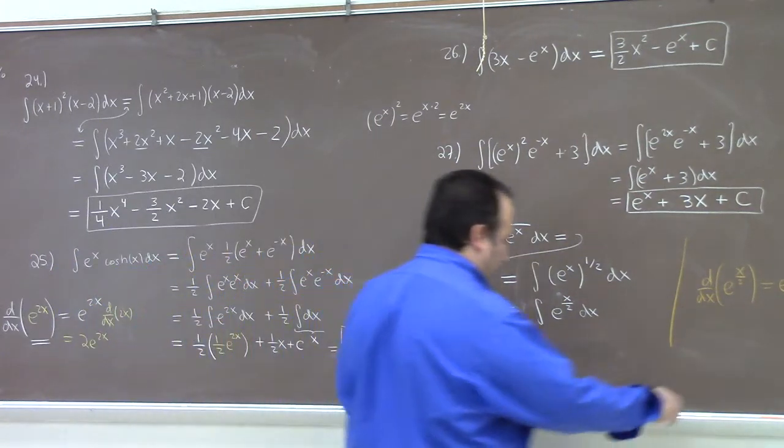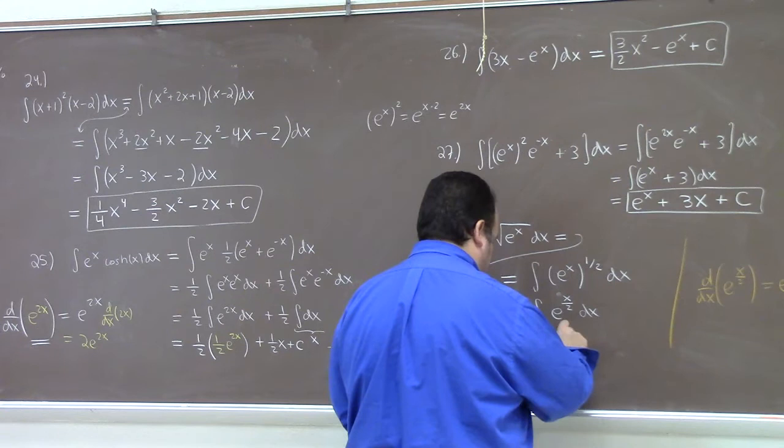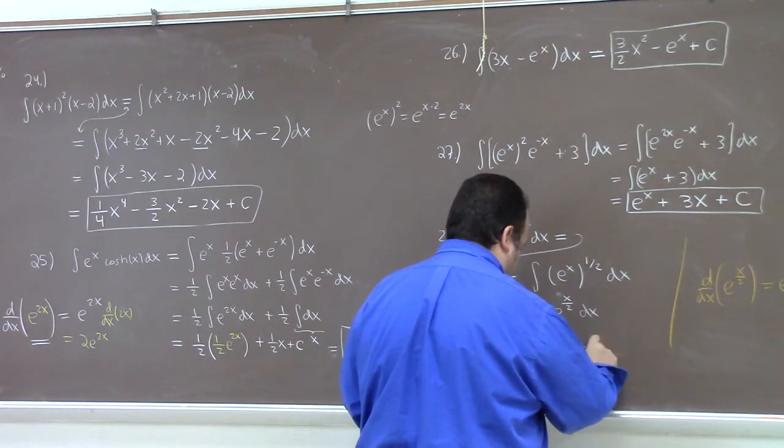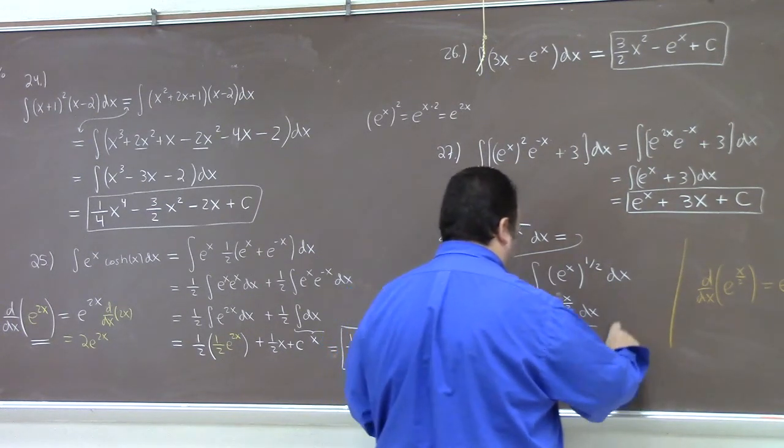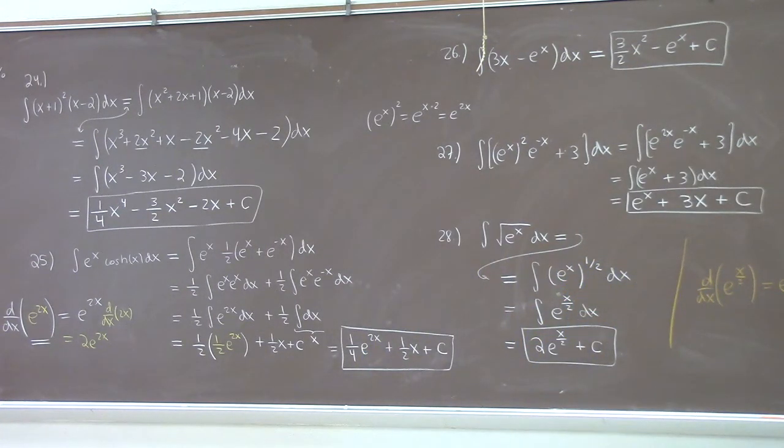So the answer here is 2 e to the x over 2 plus a constant. And you can see it from this calculation over here, right? Basically, you wanted to multiply by 2 out front, because then the derivative of twice this is equal to that. So it's the same business again.